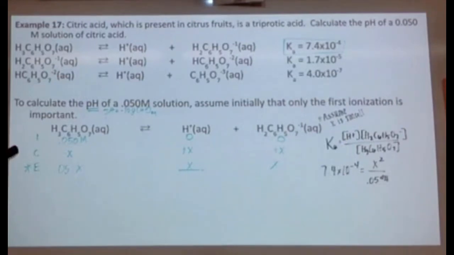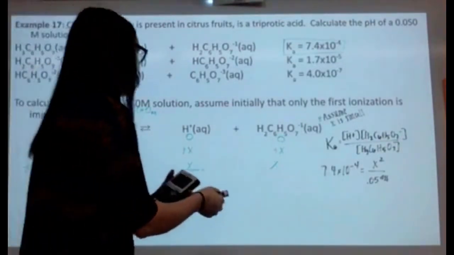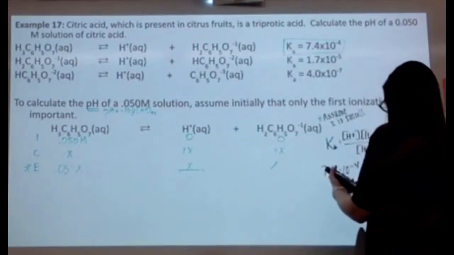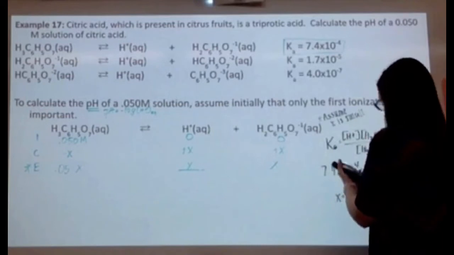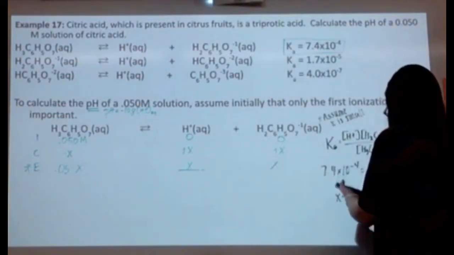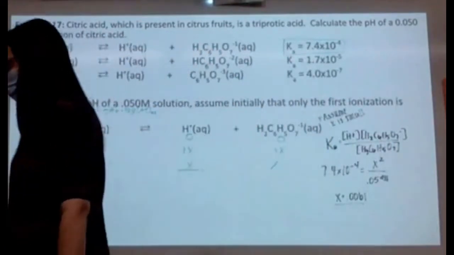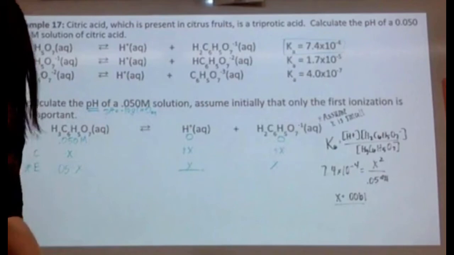Taking the square root, I get my X value, 0.0061. There's X.